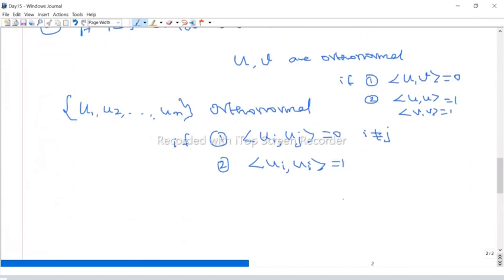So what does orthogonal mean? Only the first condition is satisfied. If a set satisfies only the first condition, we say it's orthogonal. If it also satisfies the second condition, then we say orthonormal.